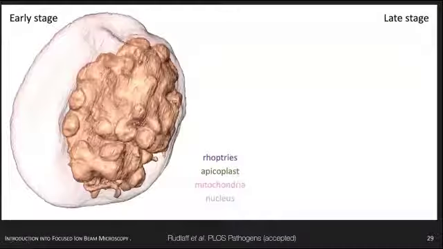But only if you're really doing the full three-dimensional images do you appreciate the nuances of the entire object. And so I show you here two movies that Rachel has prepared, one of the early stage in the development and then one in the late stage.